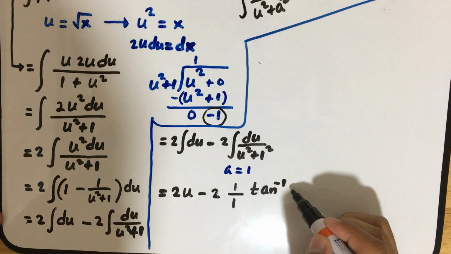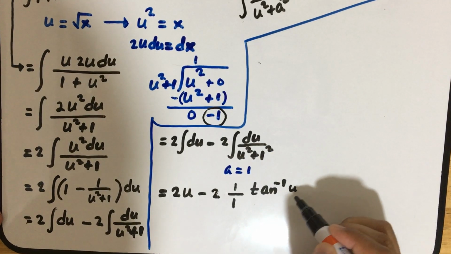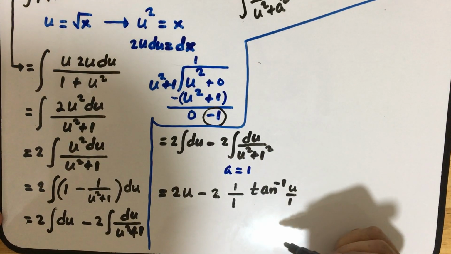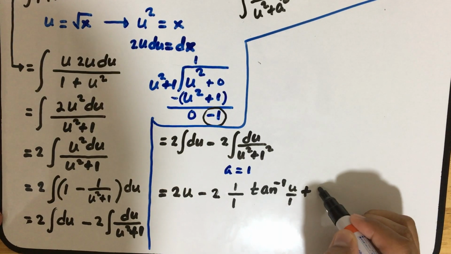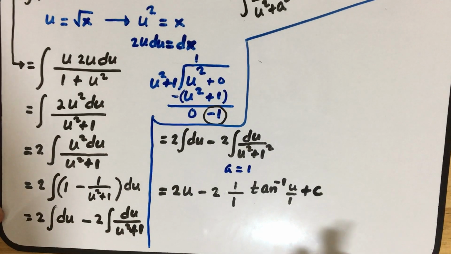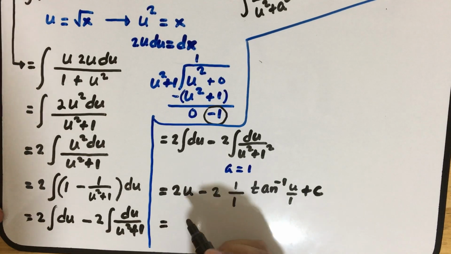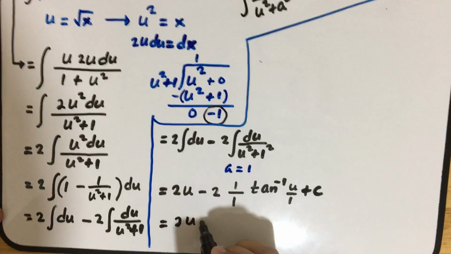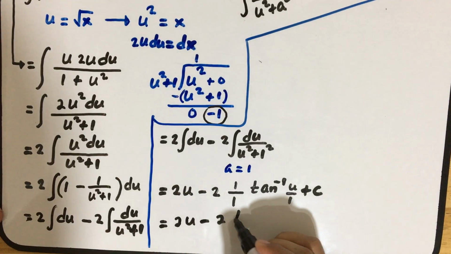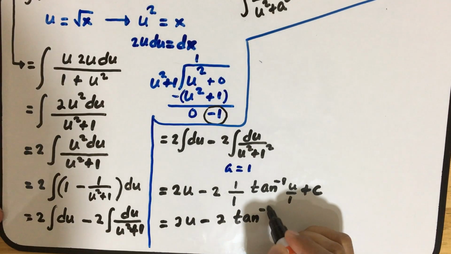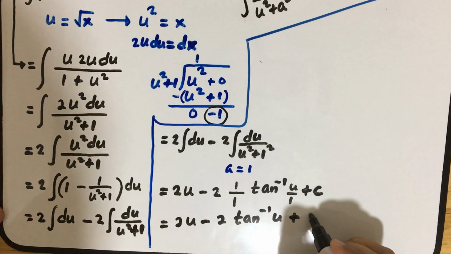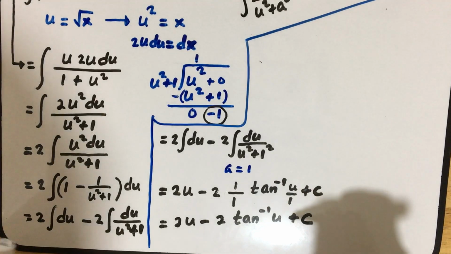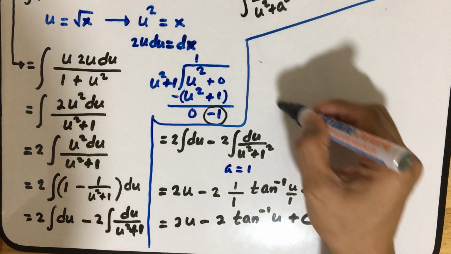Our u is simply u. So u over a, where a is equal to 1, then plus c. Or this is equal to 2 times u minus 2 times arc tangent u plus c.